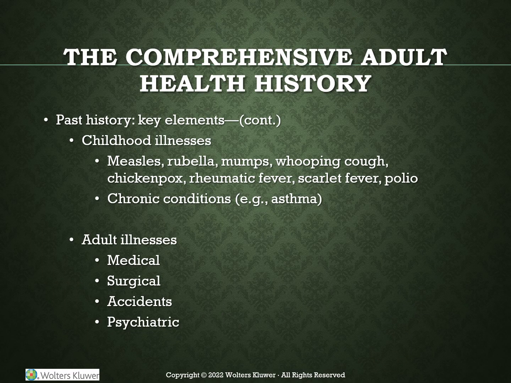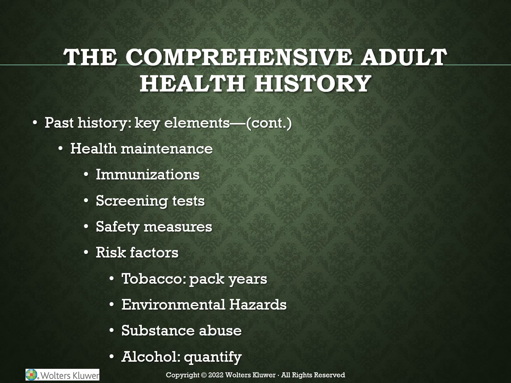For childhood illnesses and adult illnesses, surgeries, or accidents, it is important to note the approximate date, age, or year of each incident and if there are any complications. For immunizations and screenings, it is also important to note the approximate date or time. If the date or time is not known, simply write unknown.